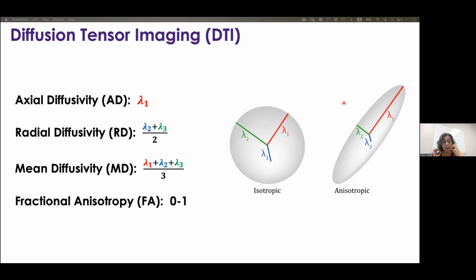These measures are sensitive to tissue properties, such as axonal density, cellularity, inflammation, and degree of myelination. In DTI, 4 measures are most used: axial diffusivity, radial diffusivity, mean diffusivity, and fractional anisotropy.